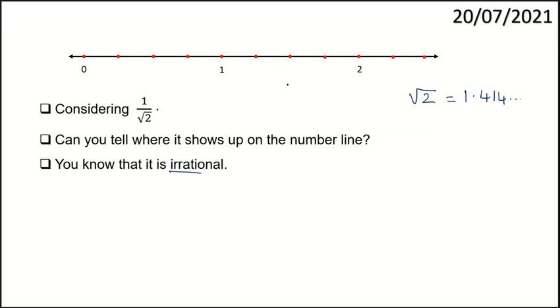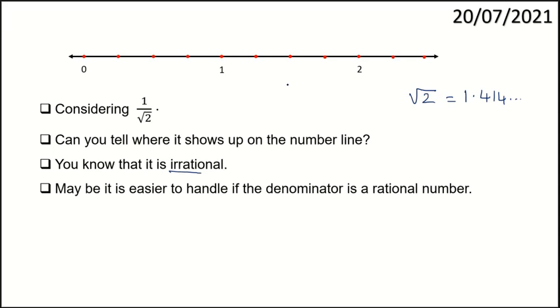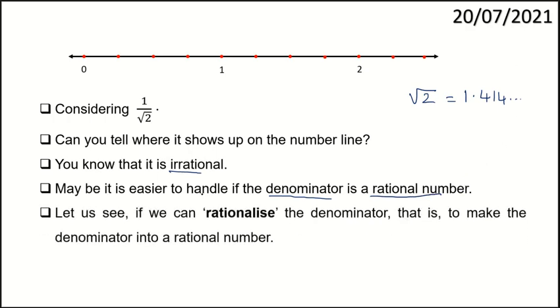Now let me give you a hint. Maybe it is easier to handle if the denominator is rational. How to make the denominator a rational number? Let us see if we can rationalize the denominator. Remember, we are rationalizing the denominator.